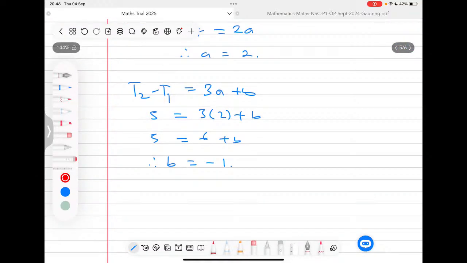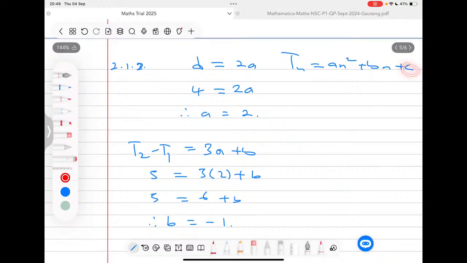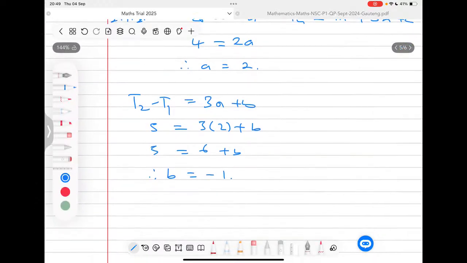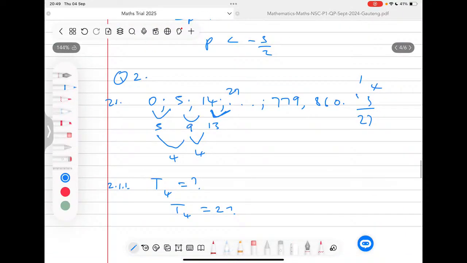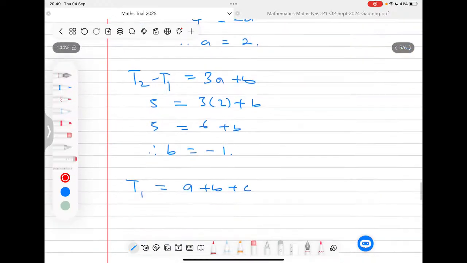To then get the c, the last part here, we say that the first term of the sequence, t1, is always given by a plus b plus c. So what I'm saying here is that if you want the first term here, which is a 0, it will always be defined by a plus b plus c. So the first term is a 0, and we know our a is a 2, we know our b is -1.